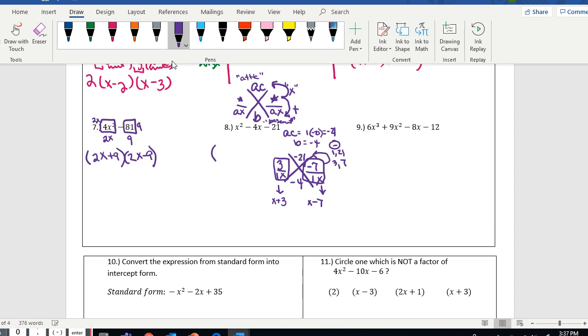So I have my solution, x plus 3 times x minus 7, and it's factored. Okay, that is very different from the way that I just did this one over here. All right, last one. There are 1, 2, 3, 4 pieces. I cannot do a diamond.